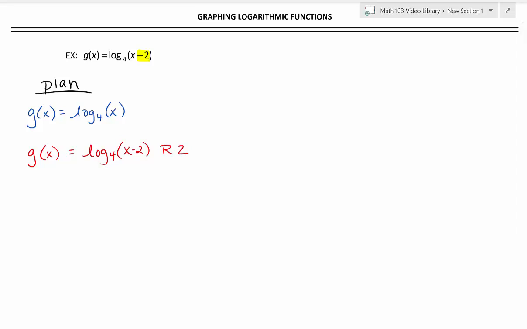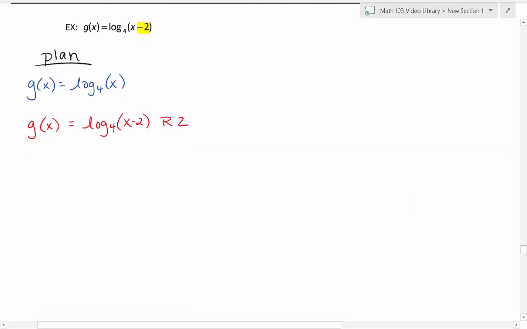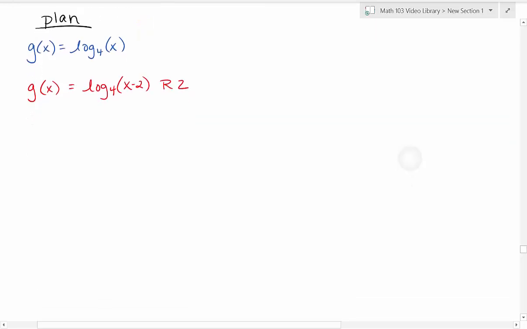Now we need to graph. Well, my parent function is g of x equals log base 4 of x. Well, that's not one that my calculator can do. So I'm going to need to use the exponential inverse to help me get points and then interchange the x and y.